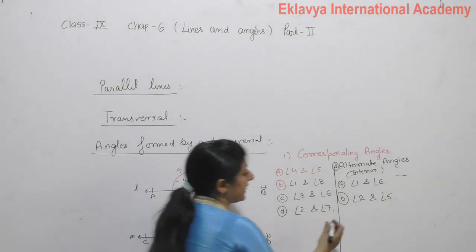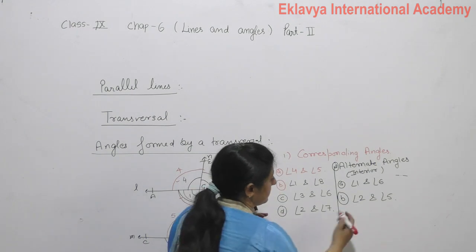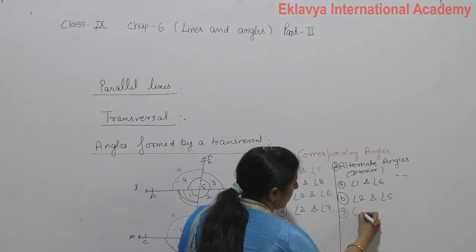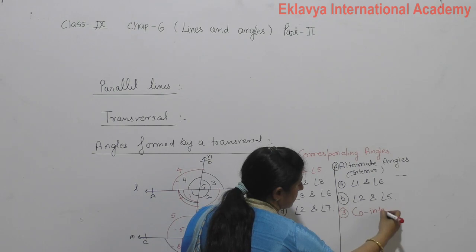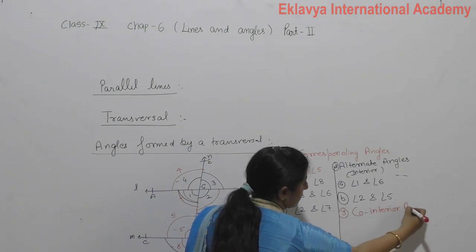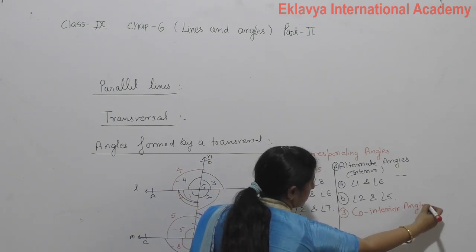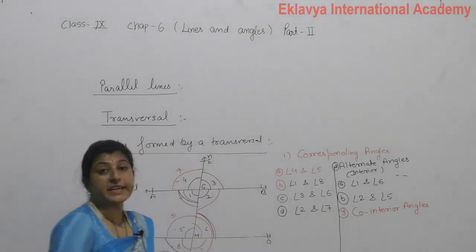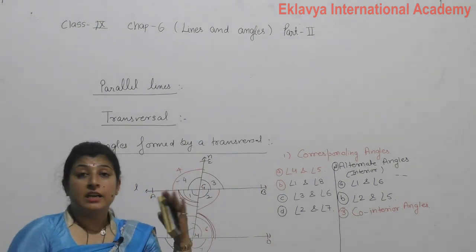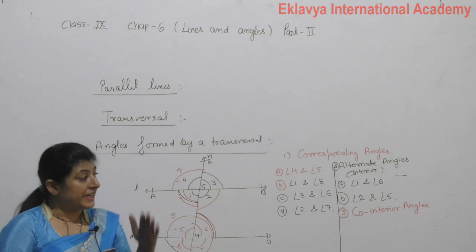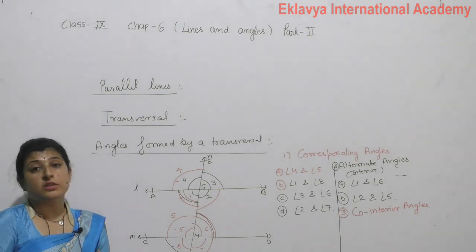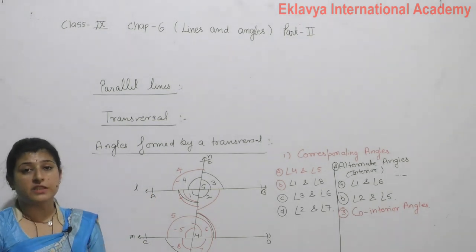The third property is co-interior angle. Co-interior angles are what? Interior angles that lie on the same side of the transversal.